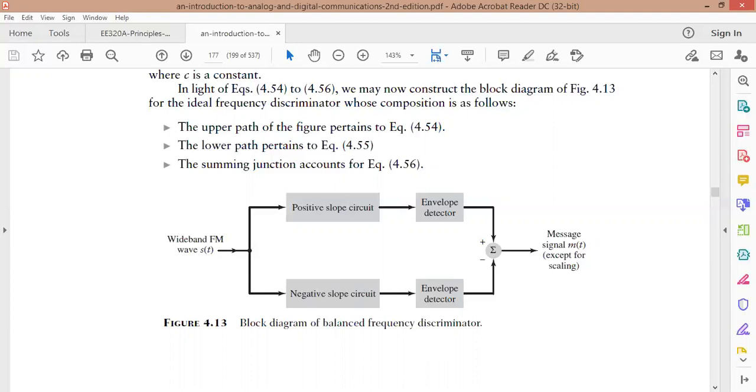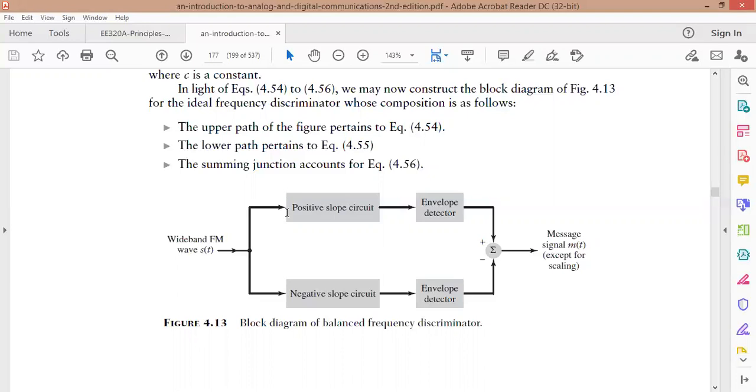Those are actually used as your slope circuitry, and we know that is mostly differentiator circuitry. So one most important thing for the first one, it should be a positive slope circuitry.